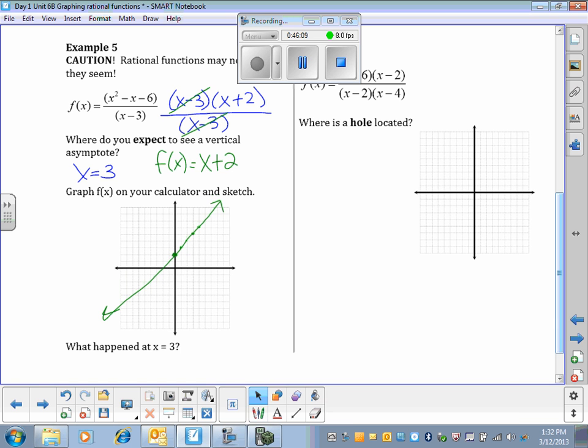So what it does create, at x equals 3, is a hole. So that's the way you would graph that. You graph it like that with a little hole there. I would erase that, but I don't think it worked out very well. So look at that, there's a hole.